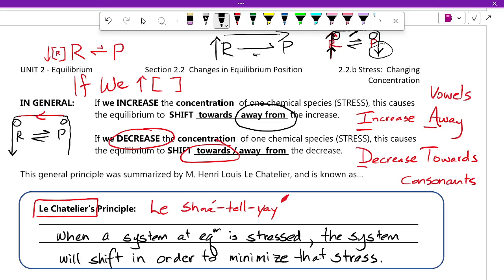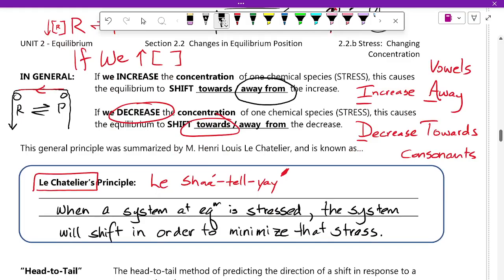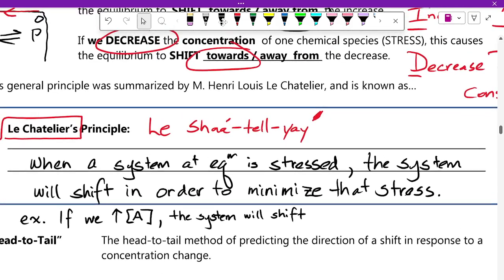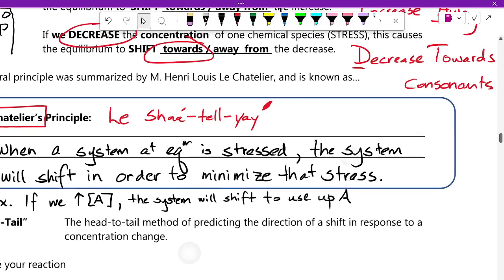Okay? So what Le Chatelier would say in terms of a concentration is that, for example, if we increase the concentration of A, the system will shift to use up A and bring its concentration back down.